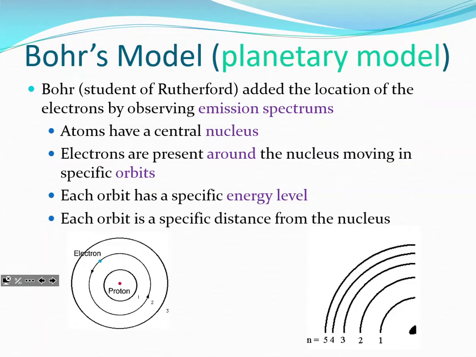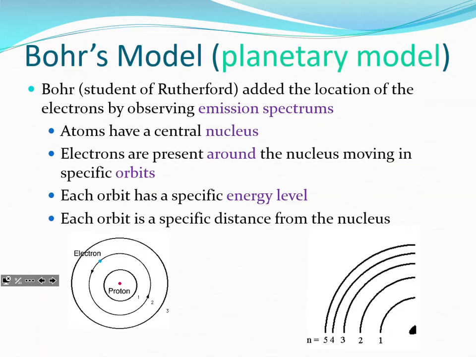Make sure that you're explaining carefully how the electrons are moving out from the nucleus by absorbing energy, and the further they go from the nucleus, the more energy they're gaining, so the higher energy colors they will be emitting when they fall back to the ground state. Okay? So Bohr here used this kind of experiment, so if you want to write that down in the experiment part of your chart, you can.